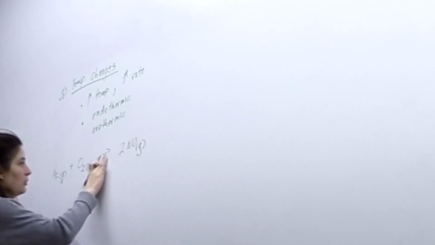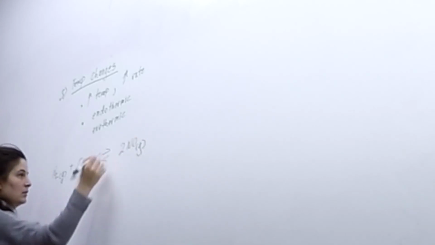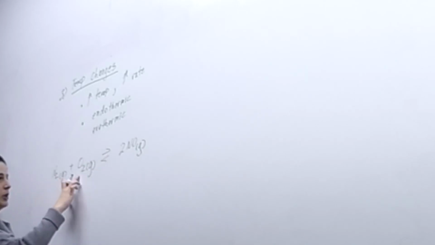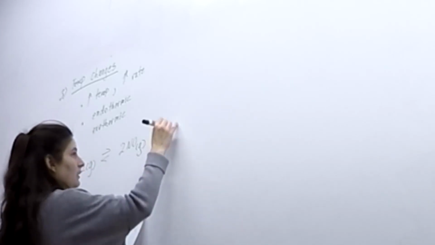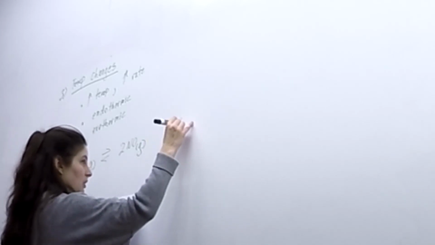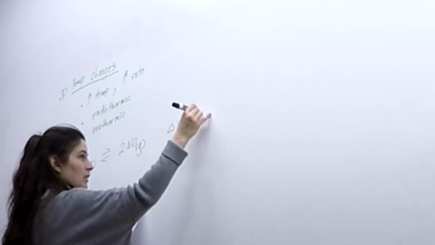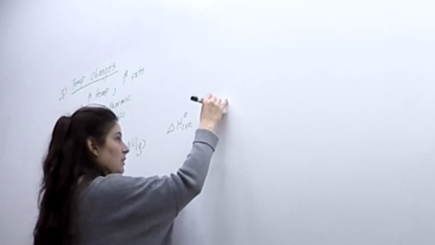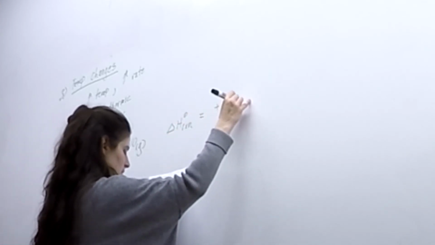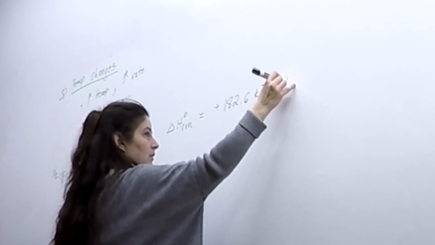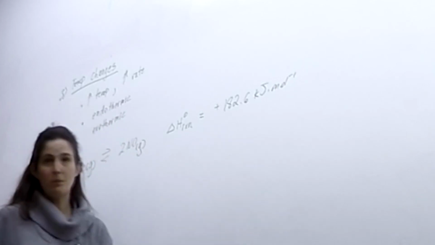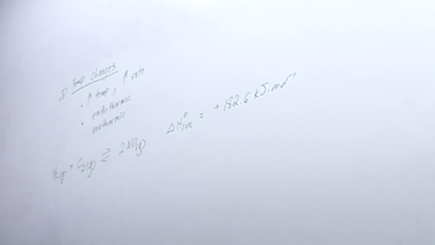Okay, so we're going to be creating N2 plus O2 gives us 2NO, so we're making nitrous oxide, and the heat of this reaction, our enthalpy, is positive 182.